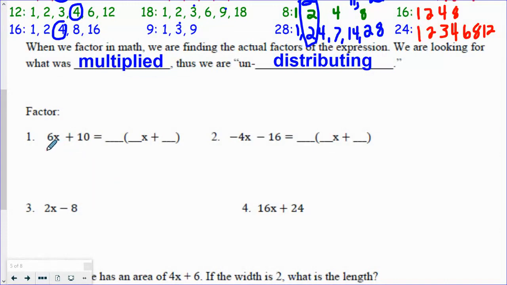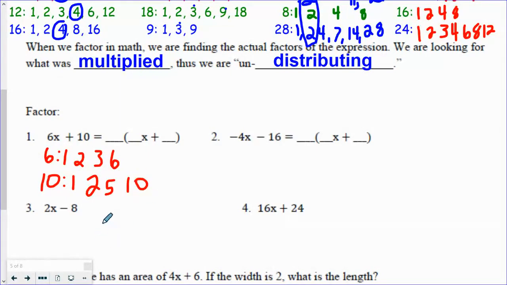Okay, so I want to find my greatest common factors of 6 and 10. Okay, so numbers that you can multiply to get 6: 1, 2, 3, and 6. This is why it was important to know how to find our greatest common factor, because it's going to help us with what we need to do. 1, 2, 5, and 10.